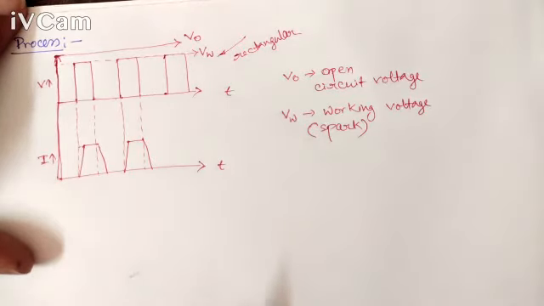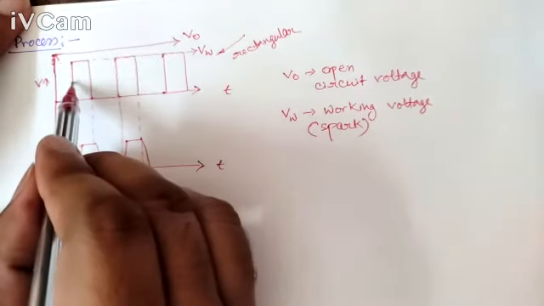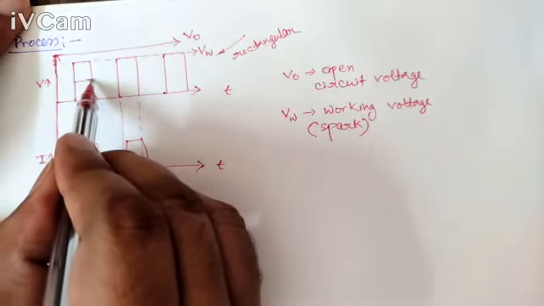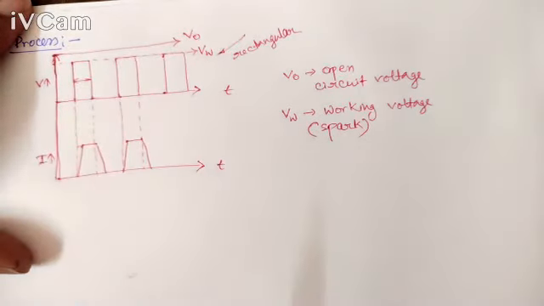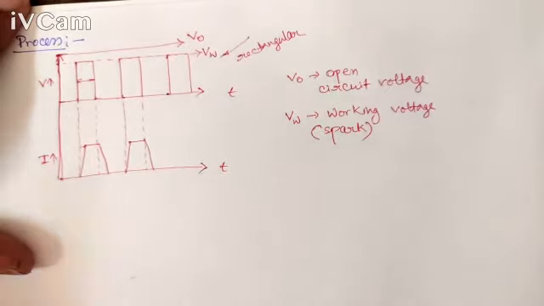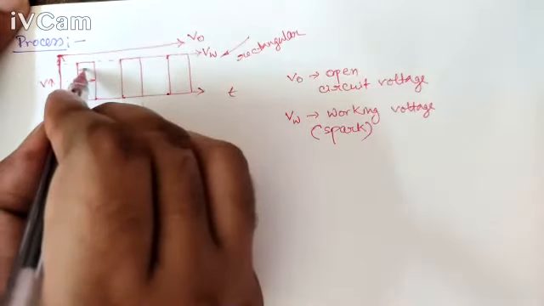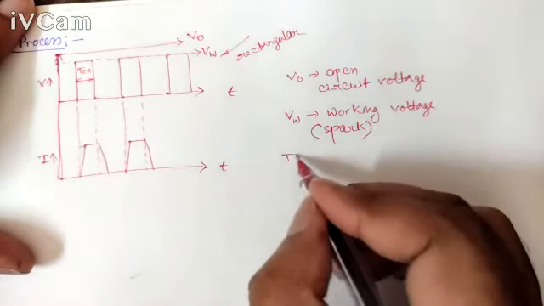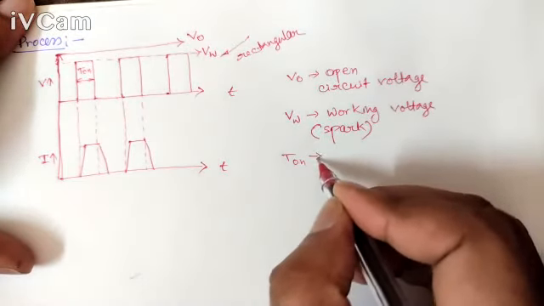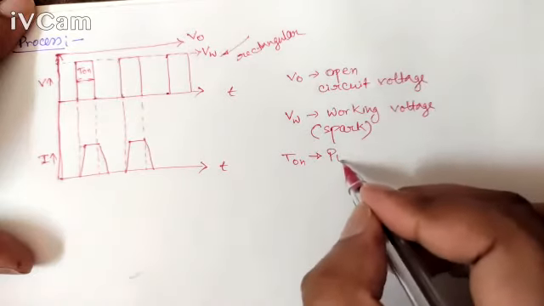Clear? Now, you can find that the voltage is applied for a certain duration of time. That time is called T on. What is T on? T on is known as pulse on time.